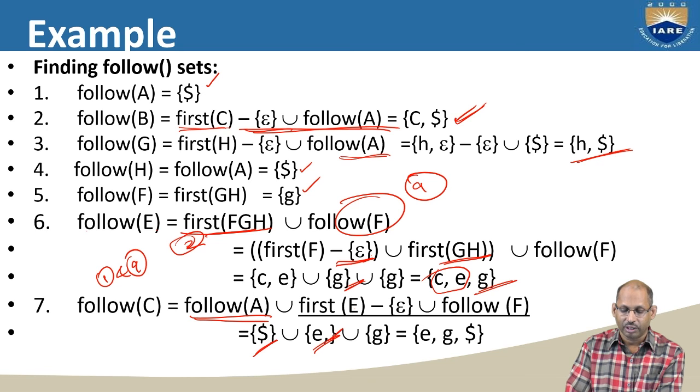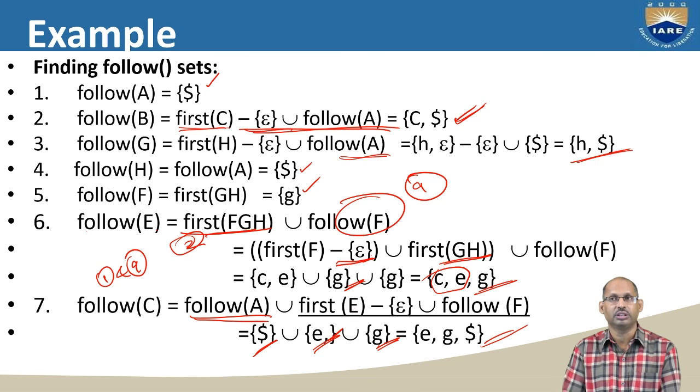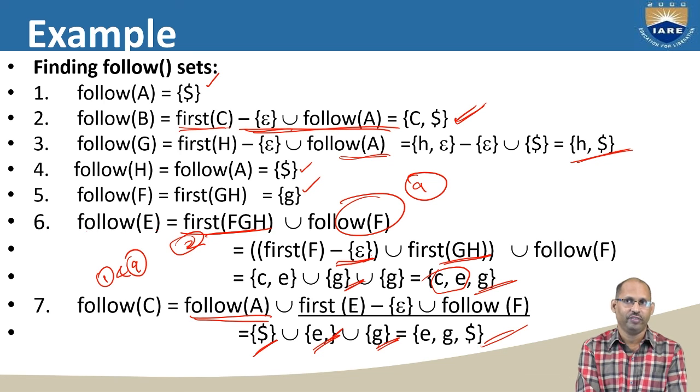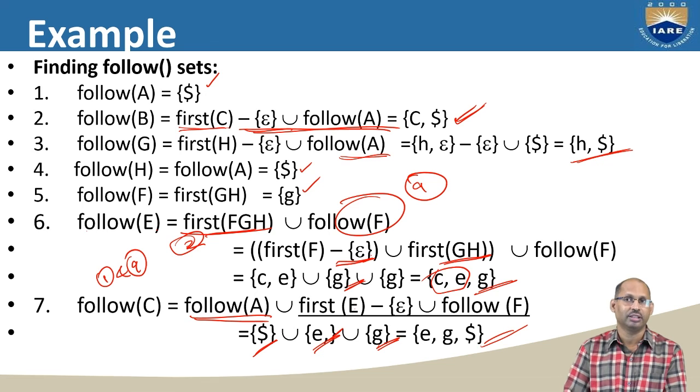First of E is E only. Then follow of F is G. Finally it gives E, G and $ sign. Okay. Follow of C is follow of A union with first of E minus epsilon union with follow of F. Right? Which gives finally $ sign, E and G, that are the follow of C.